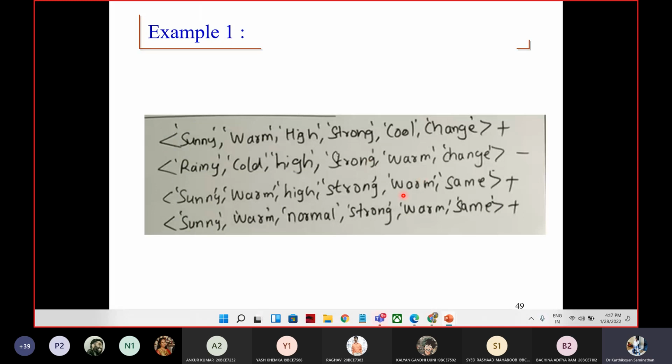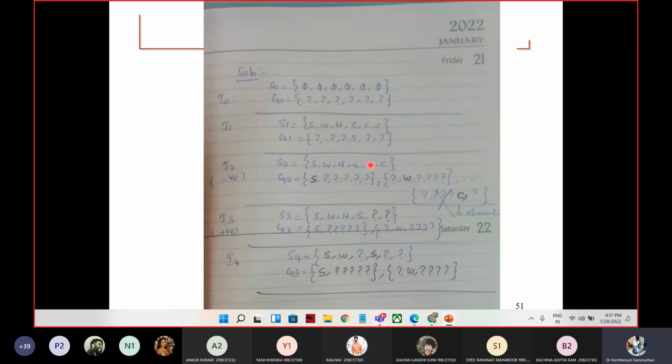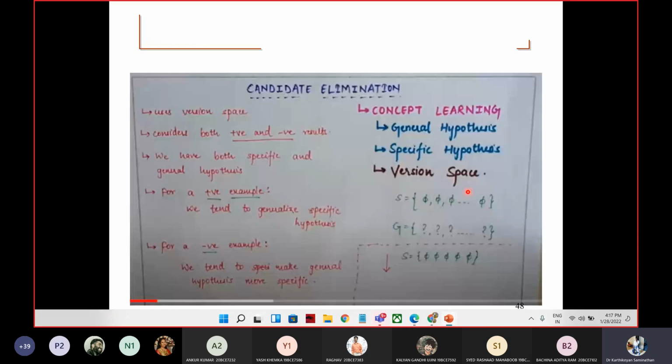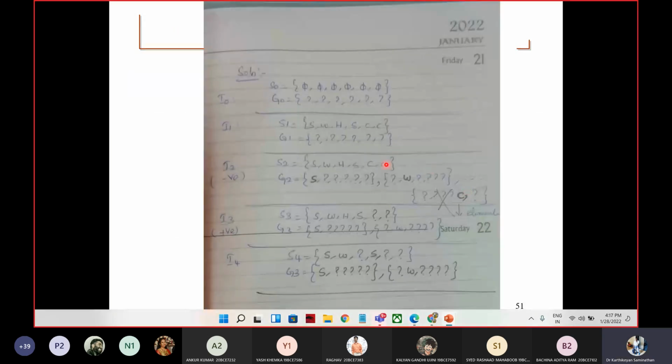Then strong versus strong, same. Then the fifth one is warm versus cold. My third instance is warm, but my S2 here is cold. Again, the sixth one, same versus change. These two are contradictory here.